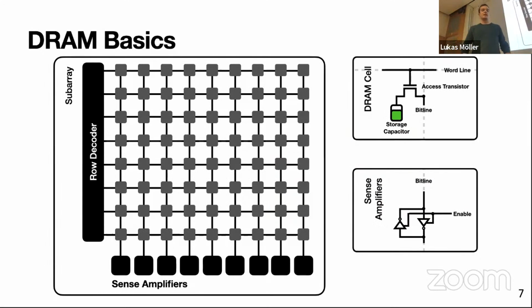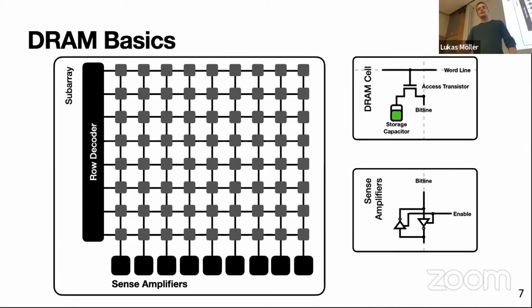We can see that a DRAM subarray is made up like a grid. We have a row decoder, which can set the word line high in specific locations. And we can see that we have a bit line, represented vertically, which connects all of the bits vertically to the sense amplifiers. There are two main DRAM commands which are important for today: activate and precharge.